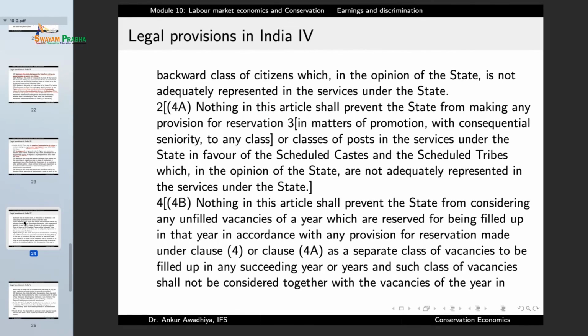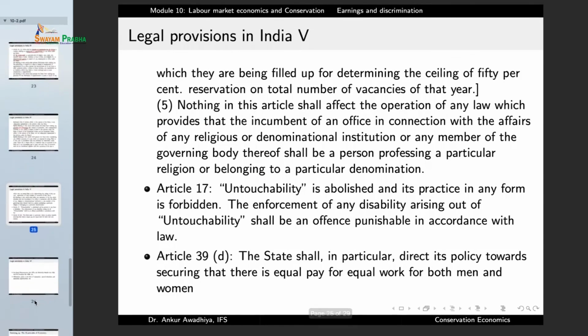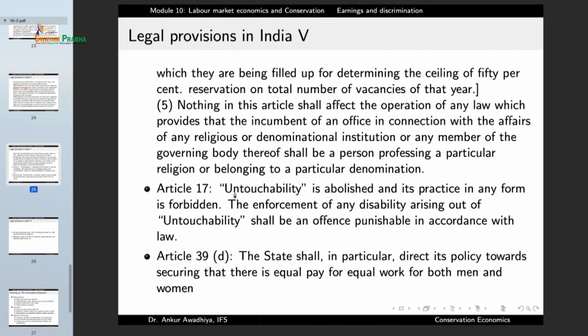Then we have the Constitution saying provision of reservation. Then we have options like untouchability being abolished. We have things like equal pay for equal work for both men and women.